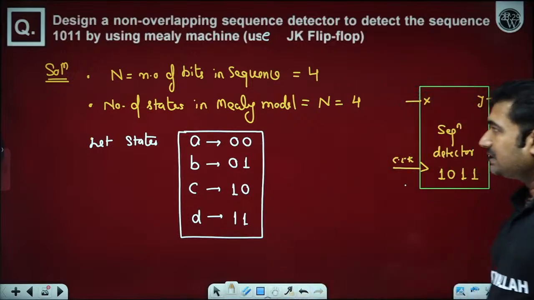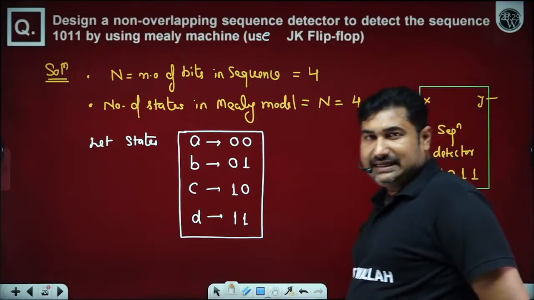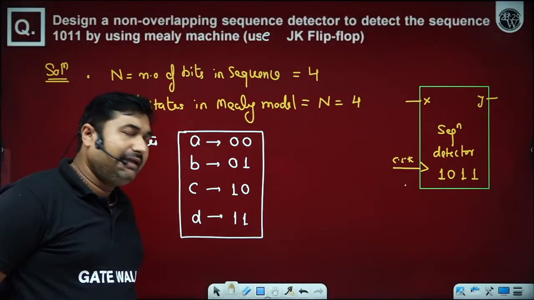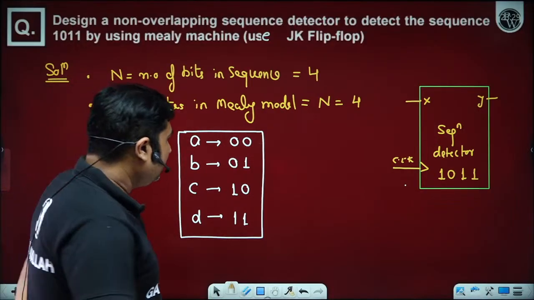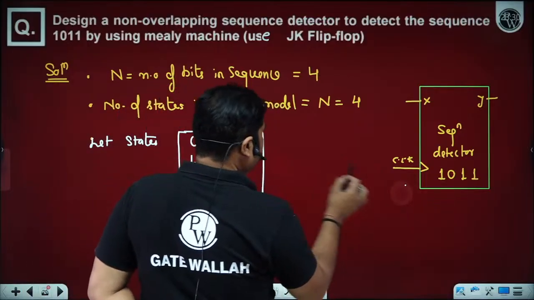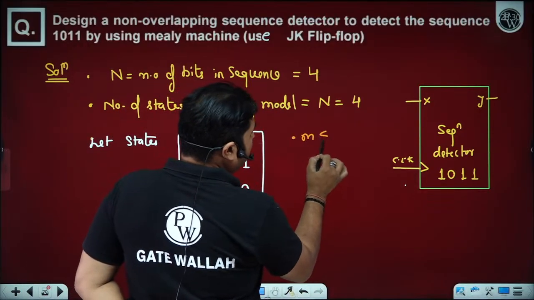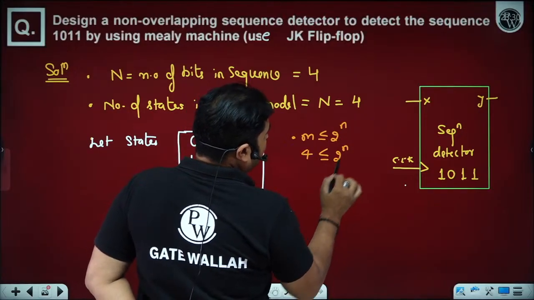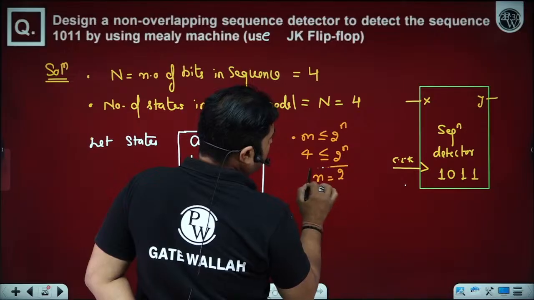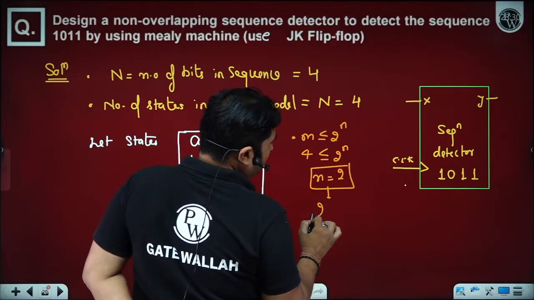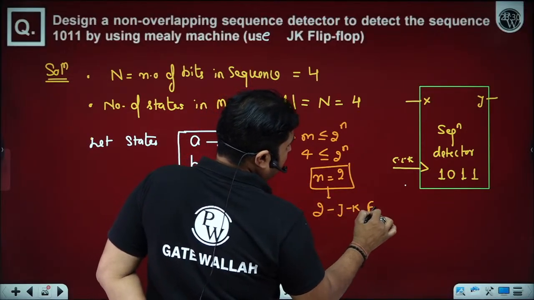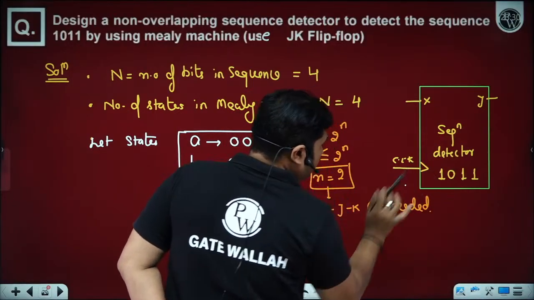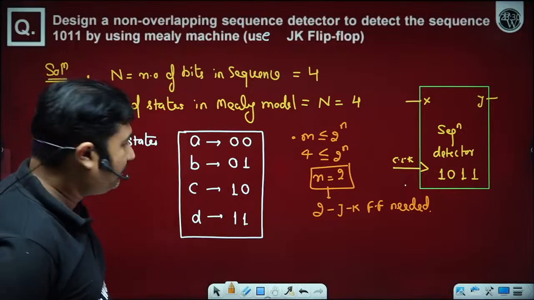We want to design a 4-state Mealy model, and I am naming the states A, B, C, D. For 4 states, the number of flip-flops required is 2 only. So in this circuit, we need 2 JK flip-flops.